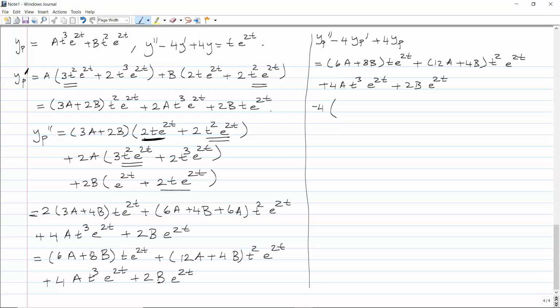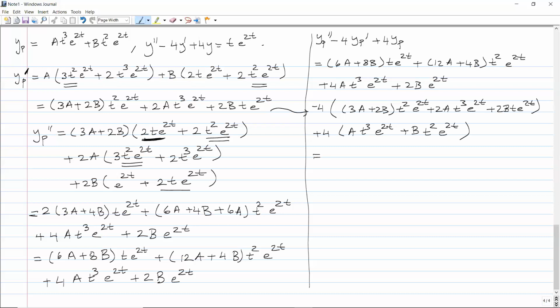The first derivative comes from here, 3a plus 2b t squared e to the 2t plus 2a t cubed e to the 2t plus 2bt e to the 2t, plus 4 times the function itself, a t cubed e to the 2t, plus b t squared e to the 2t.